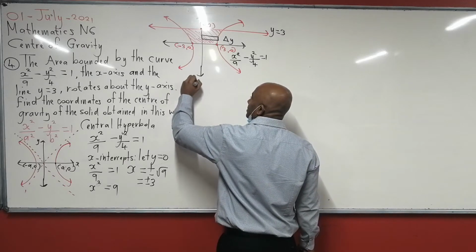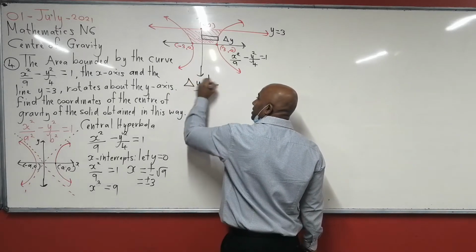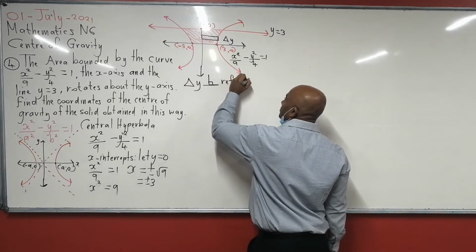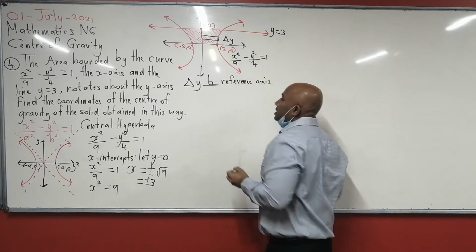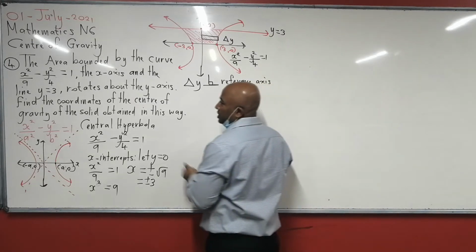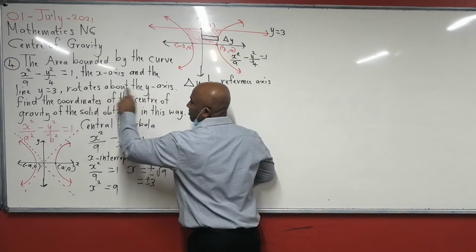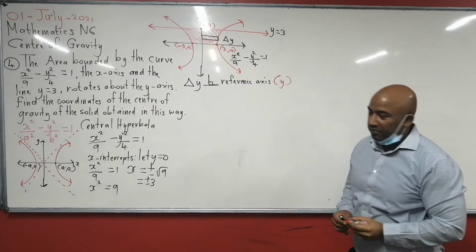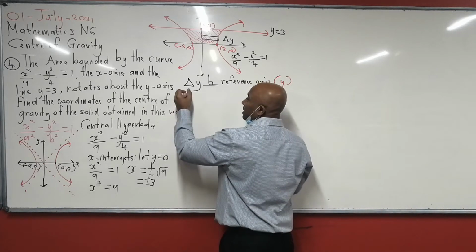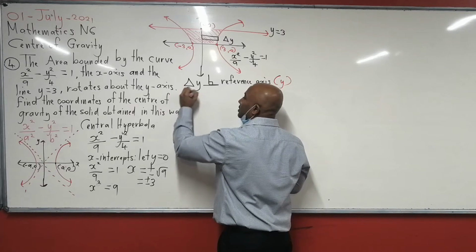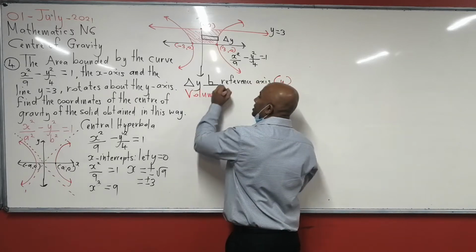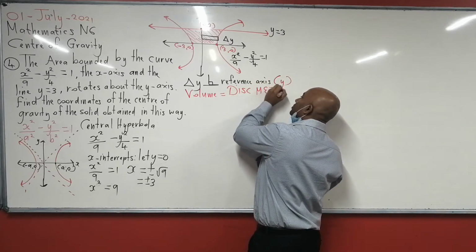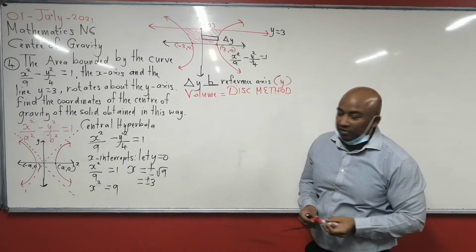Delta y is perpendicular to the reference axis. Which is the reference axis? Read the question: it rotates about the y-axis, so our reference axis is y. So we know that when we're working on volume, it's going to be the disk method. Volume is part of the center of gravity.